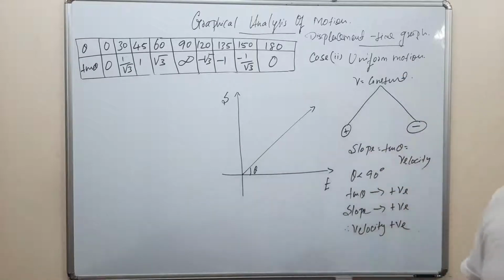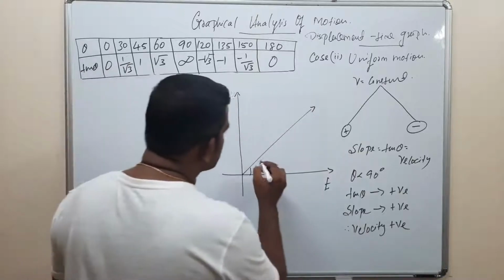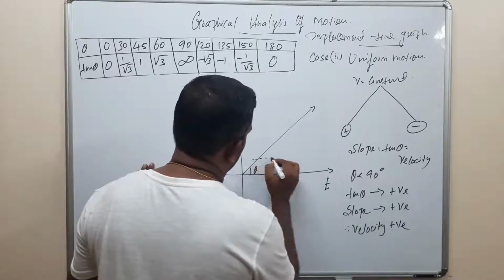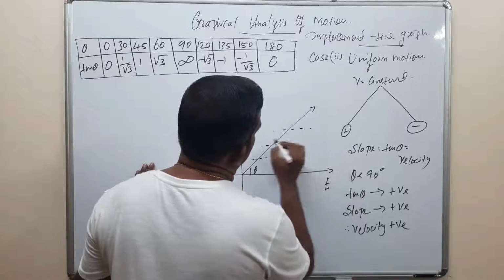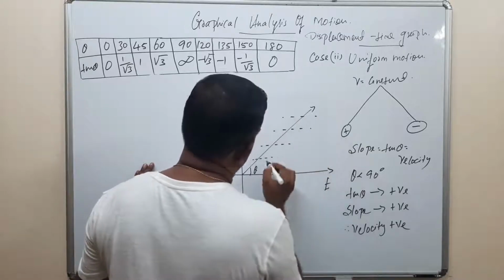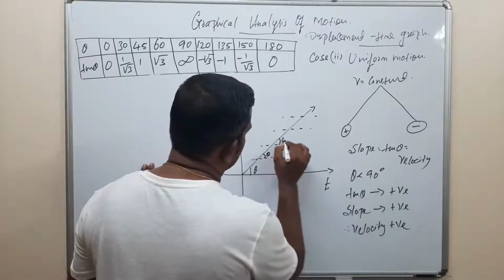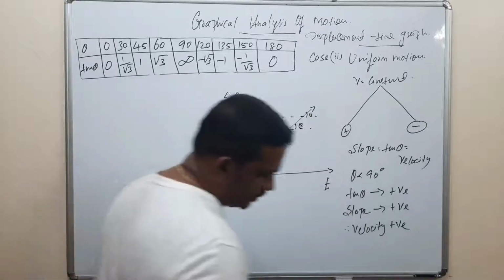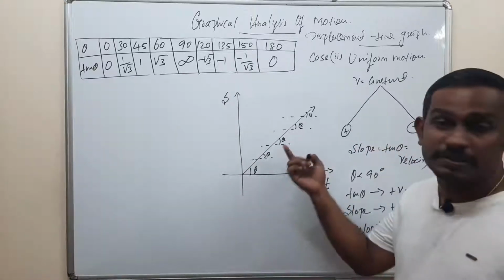Then velocity is constant. At each and every point, if you find the slope, it gives the same slope. That is, slope is constant. Theta is not varying, so slope is not varying.